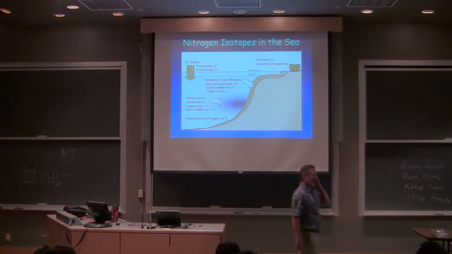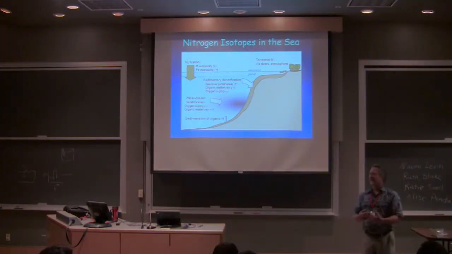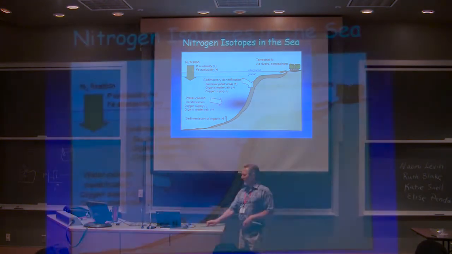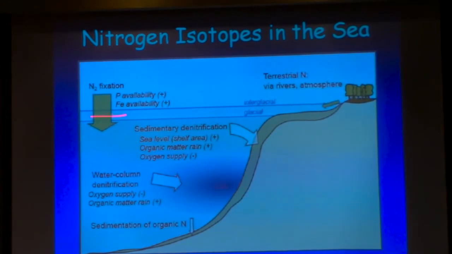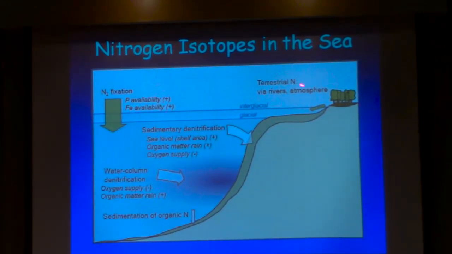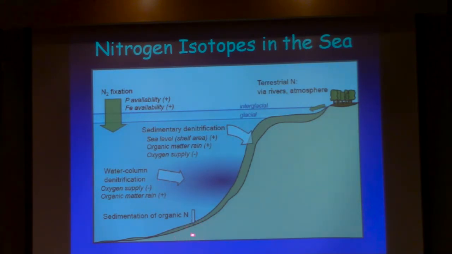What we're going to talk about are the inputs and the outputs, what controls those and what controls the fractionation. For the inputs, we have nitrogen fixation, as well as terrestrial sources, either via rivers or atmospheric inputs. For outputs, there's sedimentation. Organisms fix nitrogen, they settle and get buried. So that's one way in which nitrogen is removed.